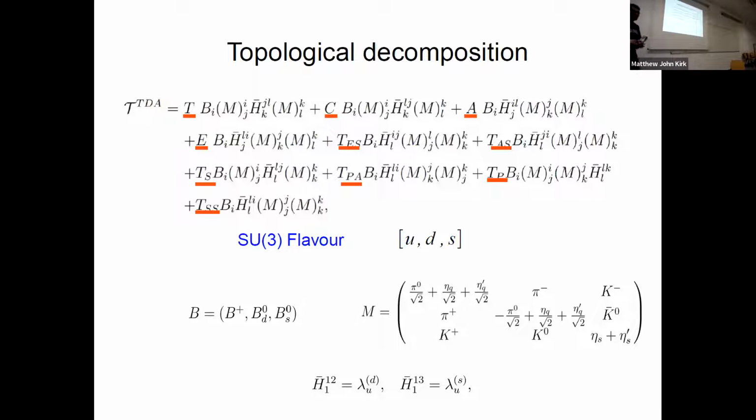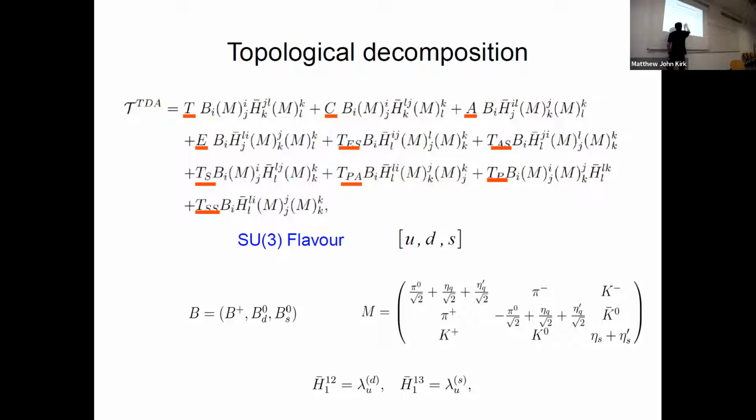Now it comes to the description in more detail. As I said, the idea is that you have this SU(3) flavor symmetry. The initial state is written here, and if you take the B meson or the anti-B meson and combine it with an up, you get this B plus.